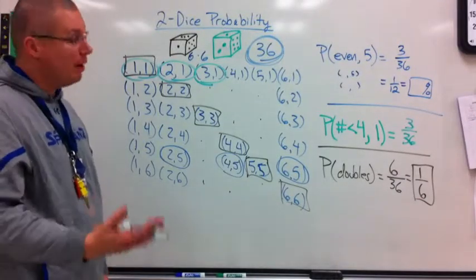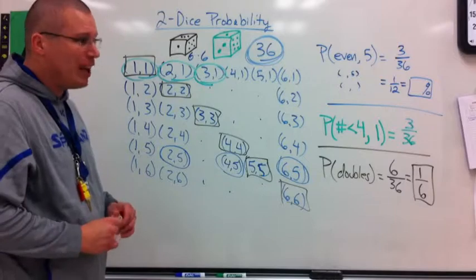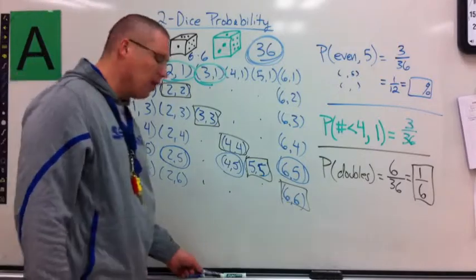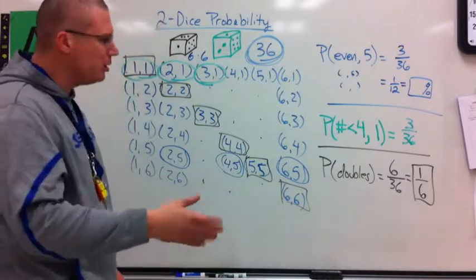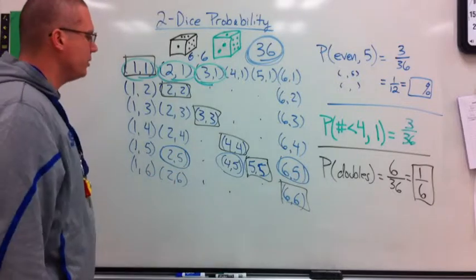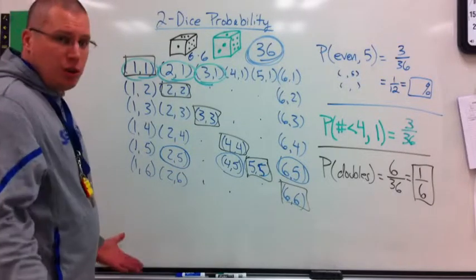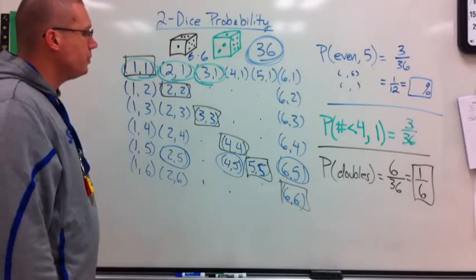Doesn't seem that way, but in theory I should. Just like rolling a regular die is 1 out of 6, trying to roll doubles should be 1 out of 6. So this is 2 dice probability. Good luck.